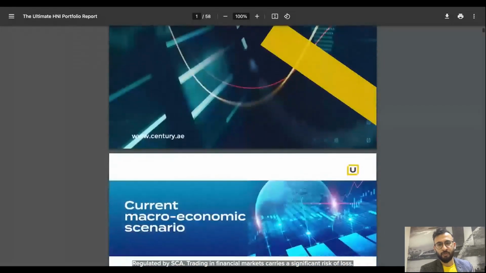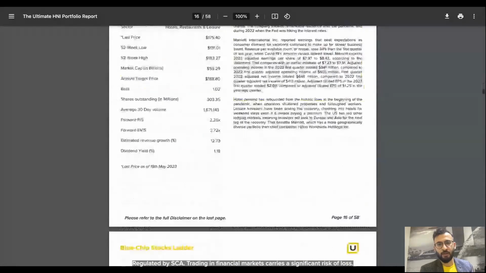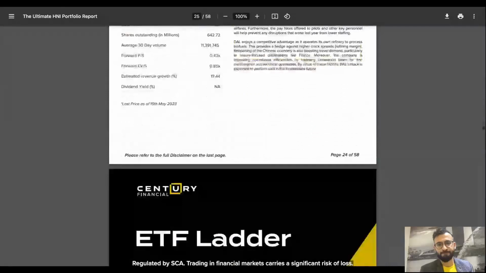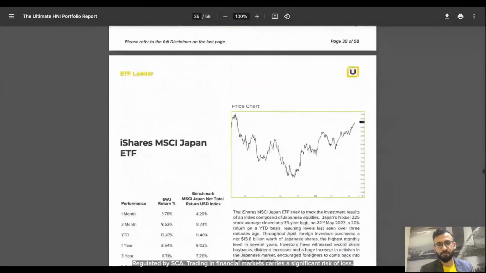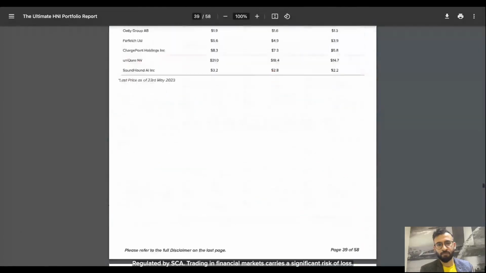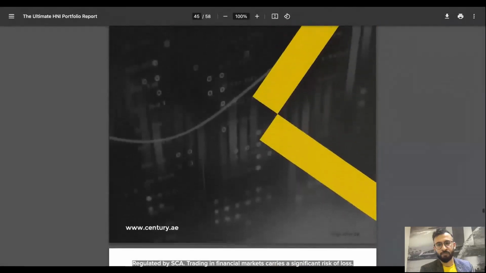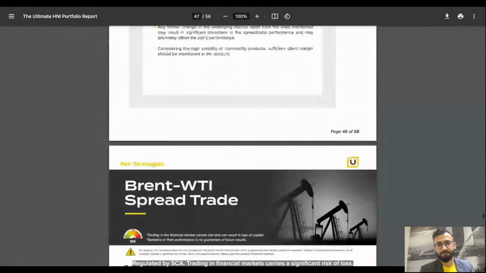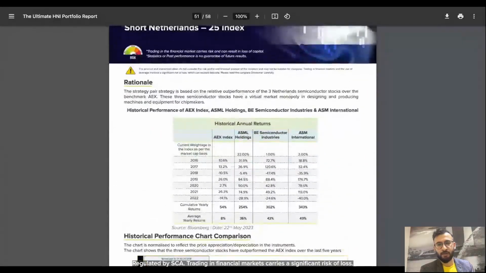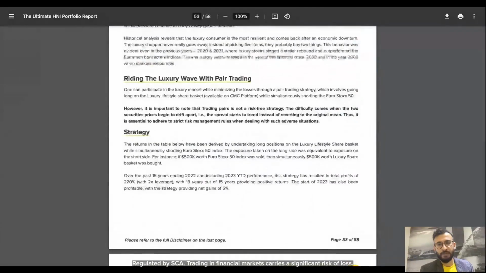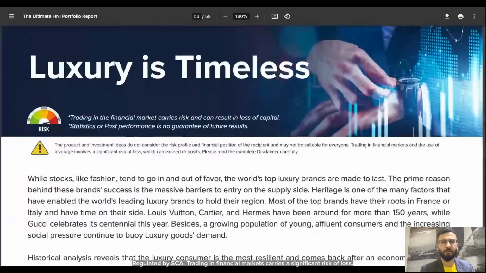This was the portfolio which we started with, but let me show you a pair trade over here. I'm going to give you an example of something very easy. So let's take luxury is timeless. For example, this was one strategy which we did before.